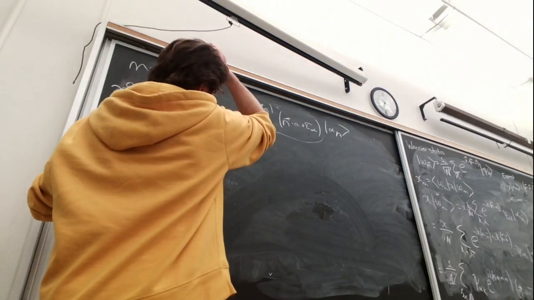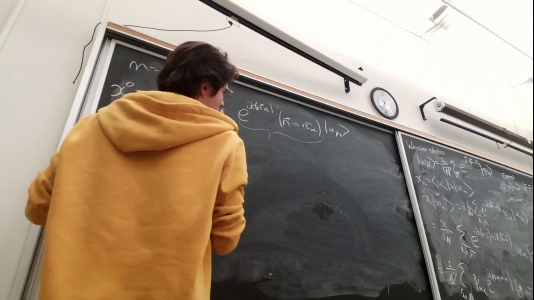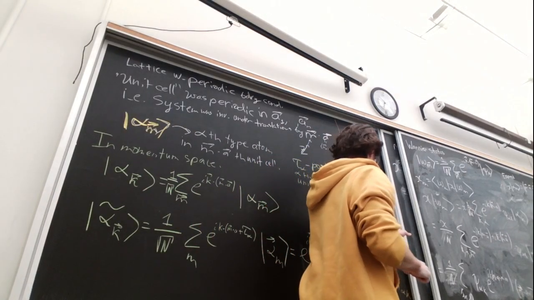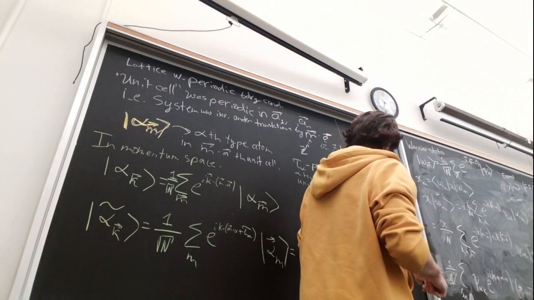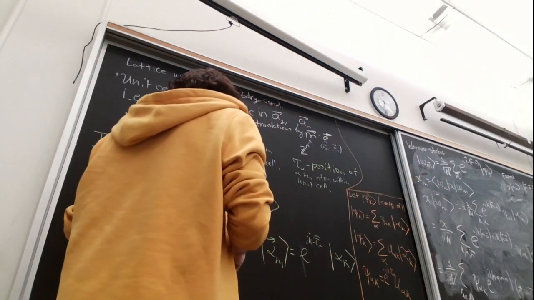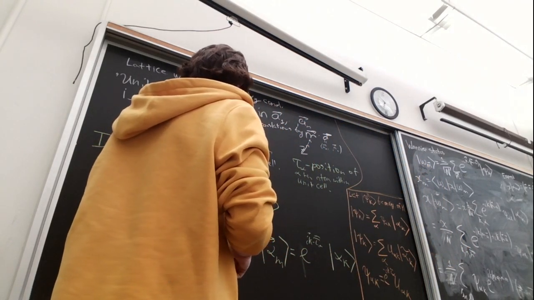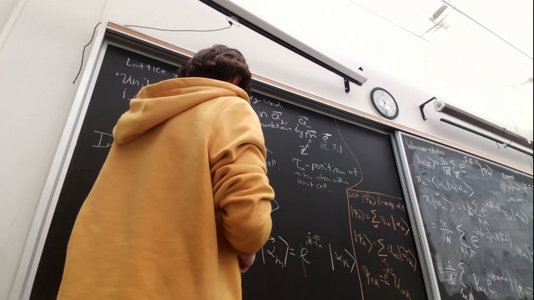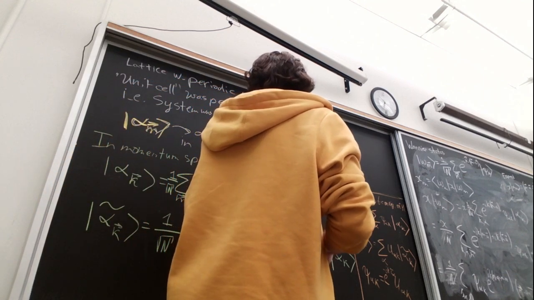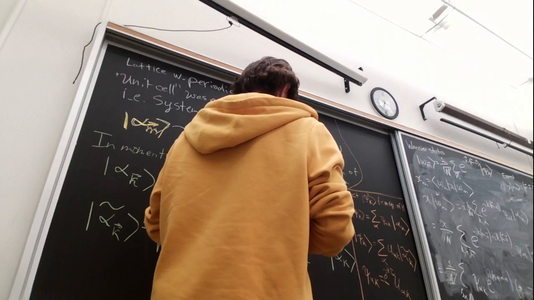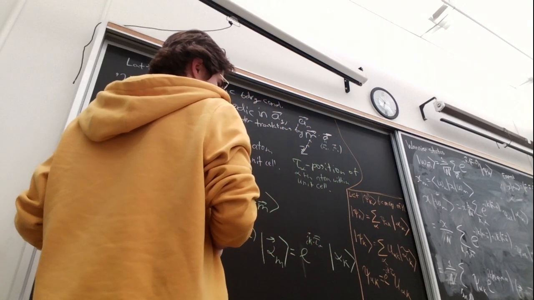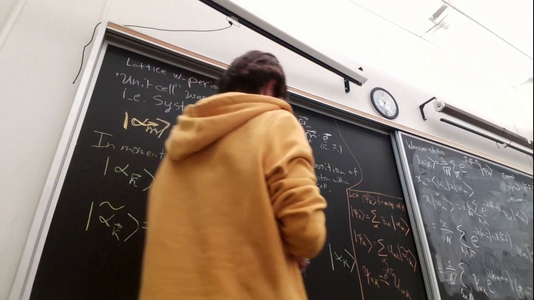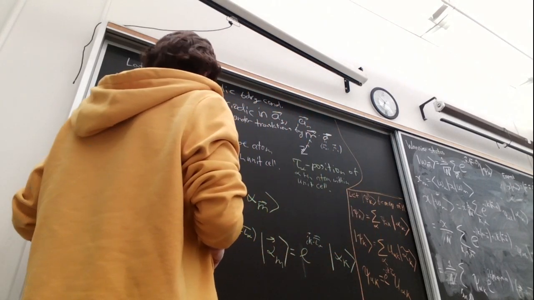Wait, I really want it to be with a plus sign. Why does it have a minus sign? Did I make a mistake earlier here? So if I have this is this, and this has this phase, then yeah, it should be with a plus, right? Because I have alpha k is equal to, oh, this is with a twiddle.